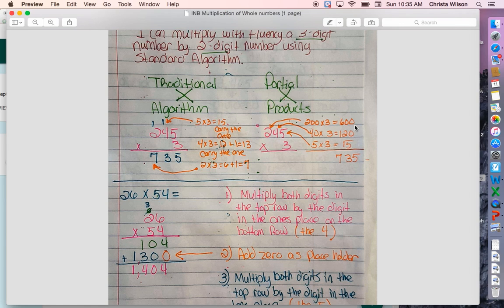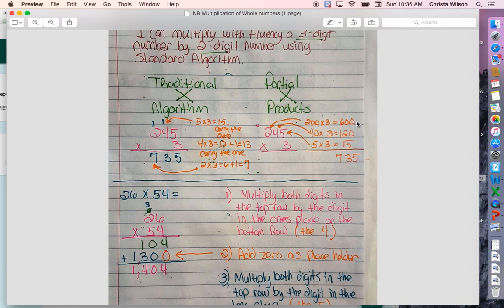And notice I'm keeping these lined up. All right, so then the last thing we're going to multiply is the 3 by the 2. Well, the 2 is in the hundreds place. So 200 times 3 is 600. And that's the partial product. 200 times 3 is 600.